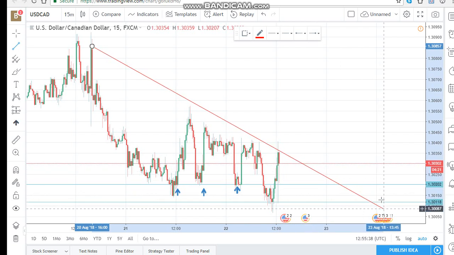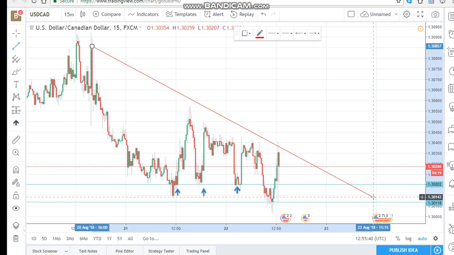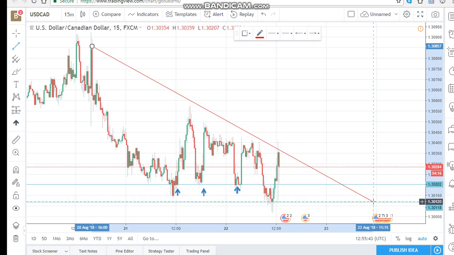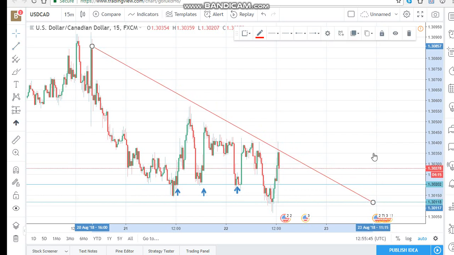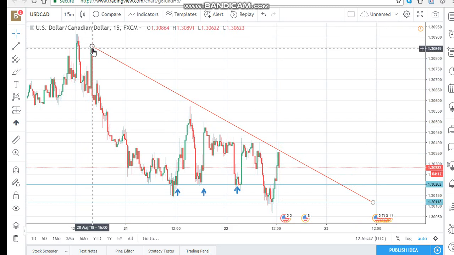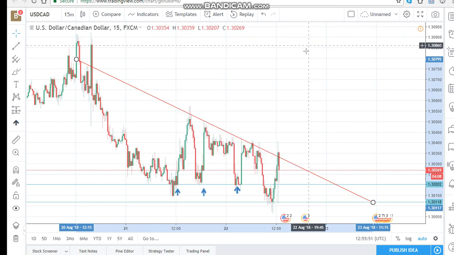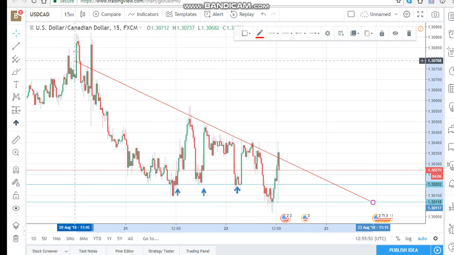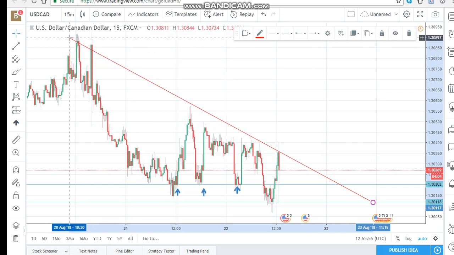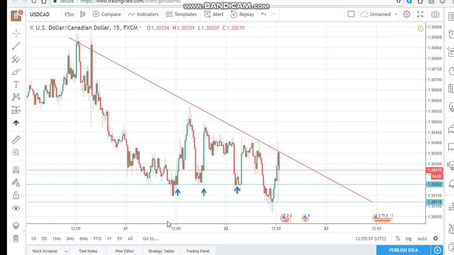Okay, so I'm going to draw this line like this, meaning that I can even bring it up here. So what does it mean?